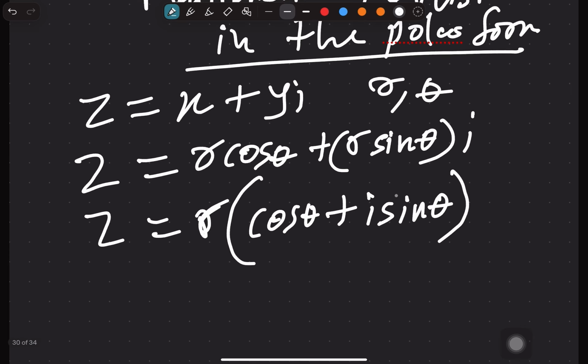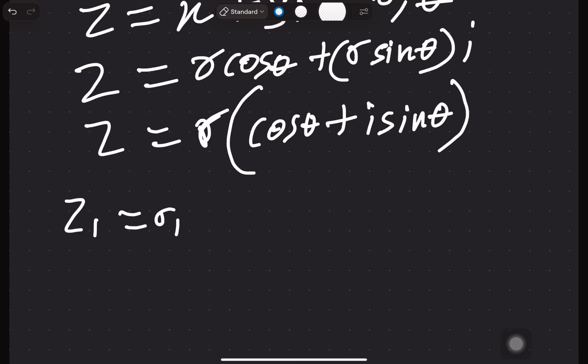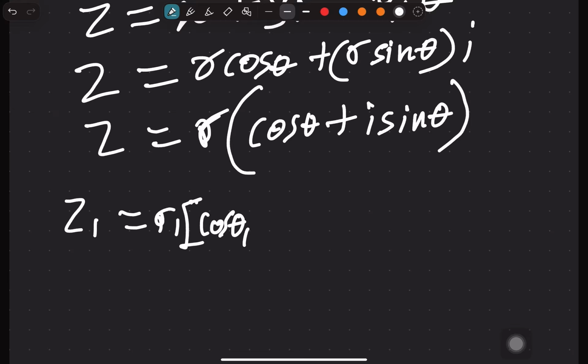Alright, so when we want to multiply two complex numbers in this polar form, it means we are going to do something small. So let's say, for example, Z1 is equal to R1 multiplying cos of theta 1 plus I sine of theta 1.